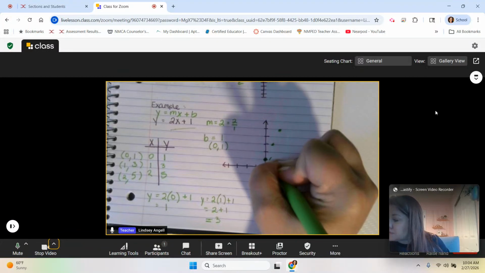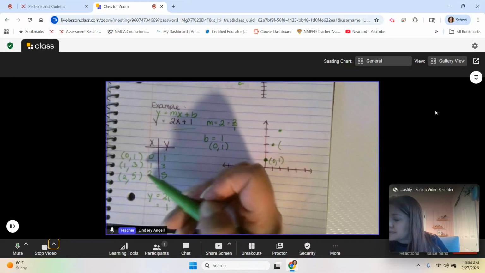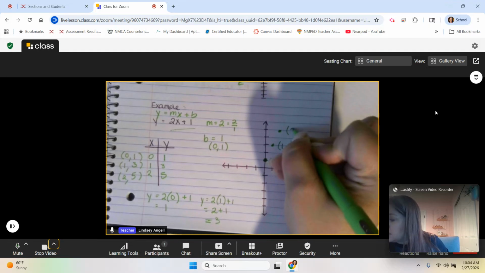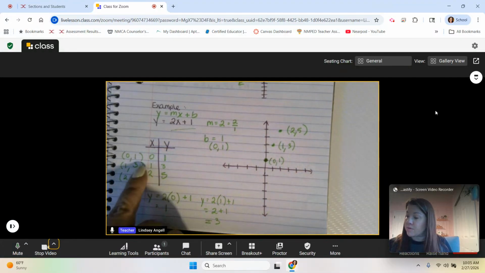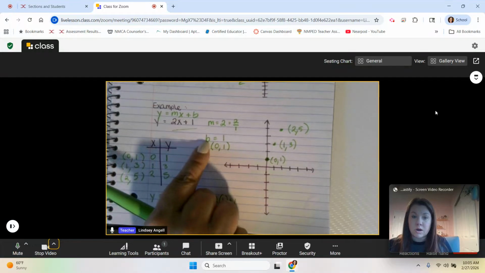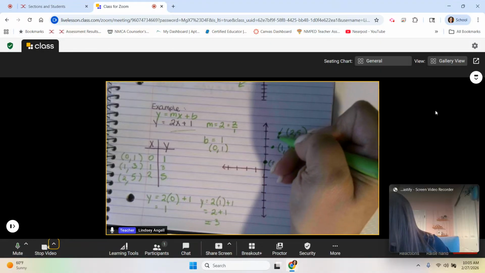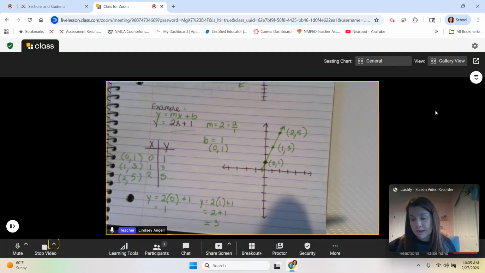Well, here's that first point, 0, 1, and look at that. There's the second point we found, 1, 3, and then 2, 5, right? So no matter whether I used the chart or I just used the slope and the y-intercept, I was able to get that same line. All right?